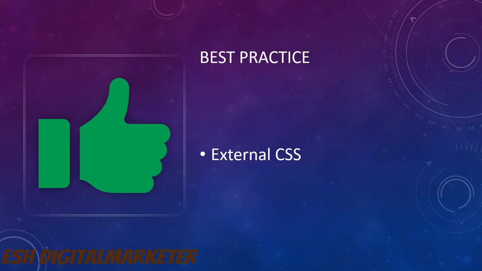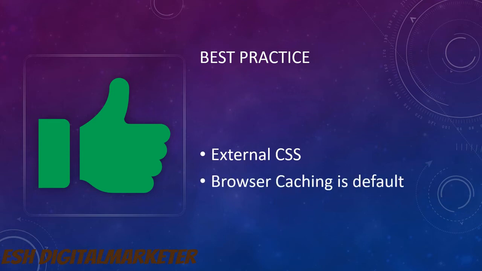You can share the rules for all the pages on your website, and it is easier to understand. Another advantage is you can take advantage of browser caching. Whenever the website is loaded a second time on the same browser, the browser uses the CSS from its cache. It does not need to look at the server.